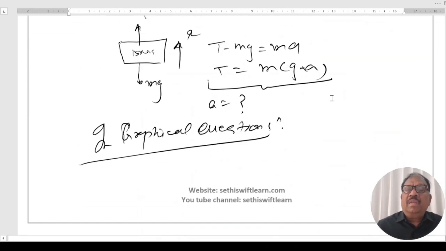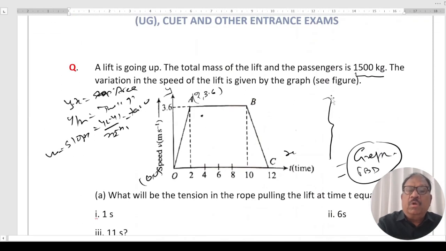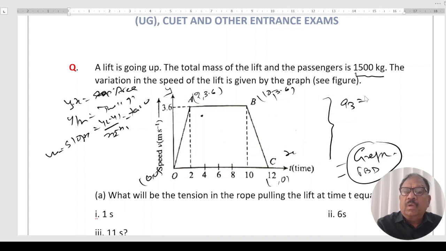Then acceleration a3. For BC, coordinates: this is a point 10, x coordinate is 10, y coordinate is 3.6, and this is 12, 0. a3 will come out to be y2 minus y1, so 0 minus 3.6 divided by 12 minus 10, that is minus 1.8 meter per second square.